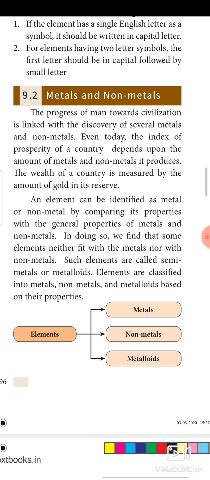In such cases, a few elements will follow the properties of neither metals nor non-metals. So they are further classified into another classification called metalloids. So totally we can classify the elements into three types: metals, non-metals, and metalloids.